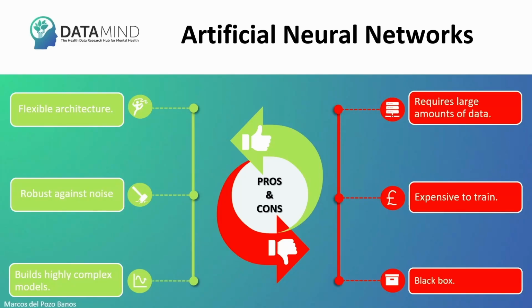However, they require a large amount of data to train well. They can be expensive to train, meaning that usually it takes quite a bit of time to properly train an artificial neural network. So not just data, but also computational time, going through that data again and again and again.